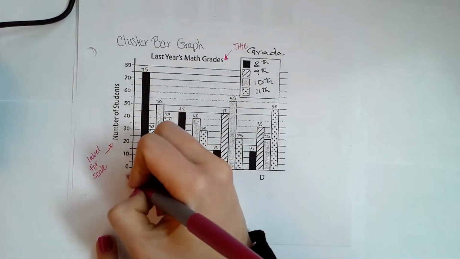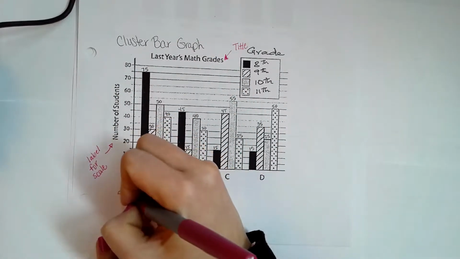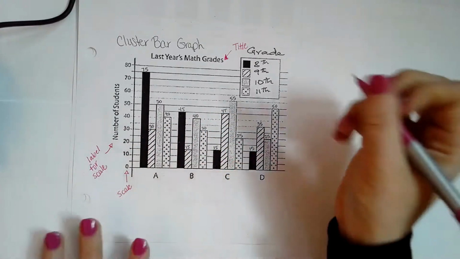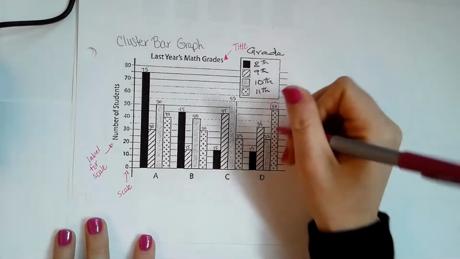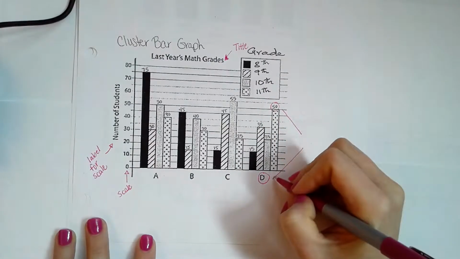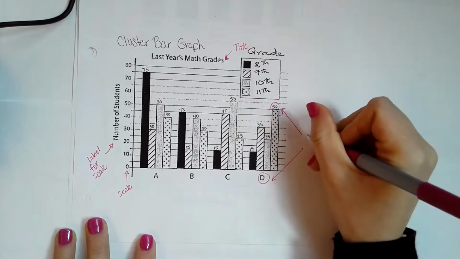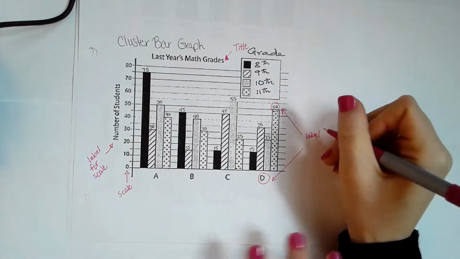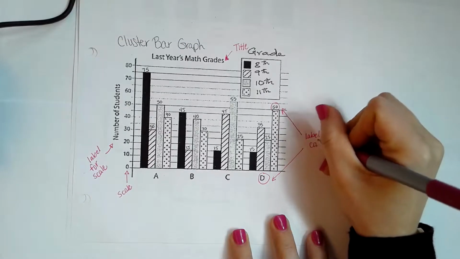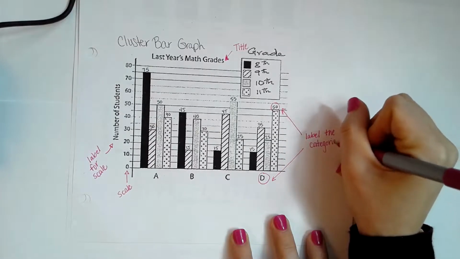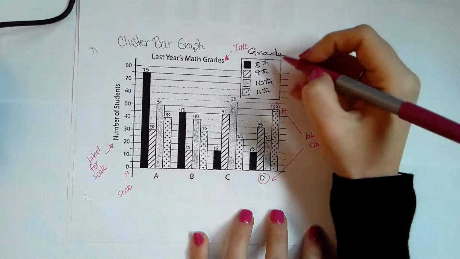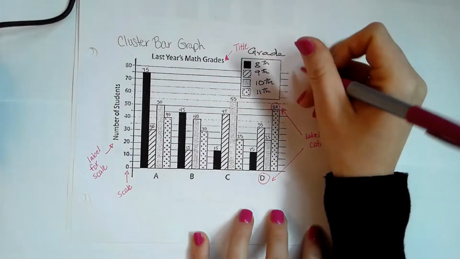And then here's your scale itself. So a lot of it hasn't really changed yet. And then you still need a label for your categories. Okay, so the thing that is different is that this is the key that they were talking about. So you need a key.